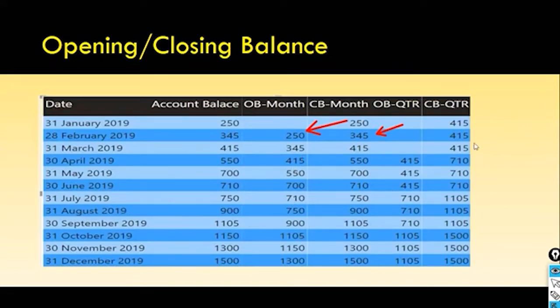But on the right side, the closing balance quarter: Jan, Feb, March, these 3 months fall in quarter 1. In March, the closing balance was 415. Hence, for all these 3 months, the closing balance for the quarter is 415, and this value is repeated for quarter 1.